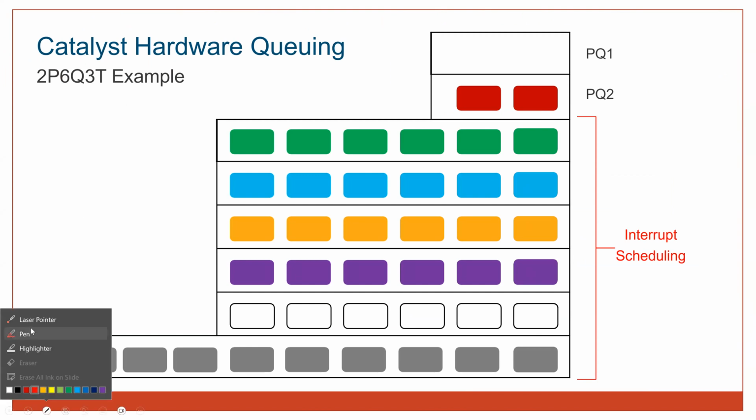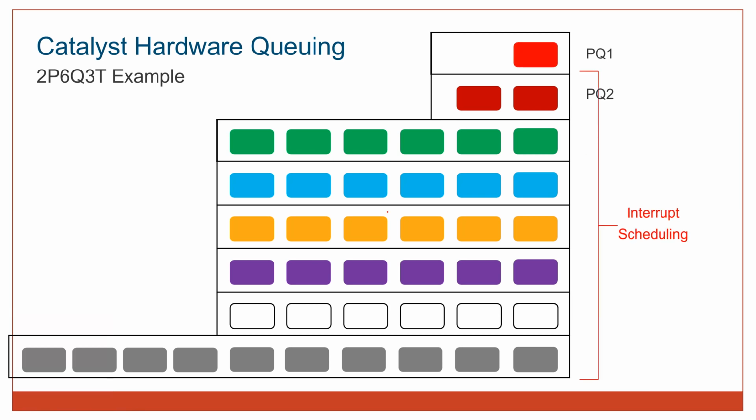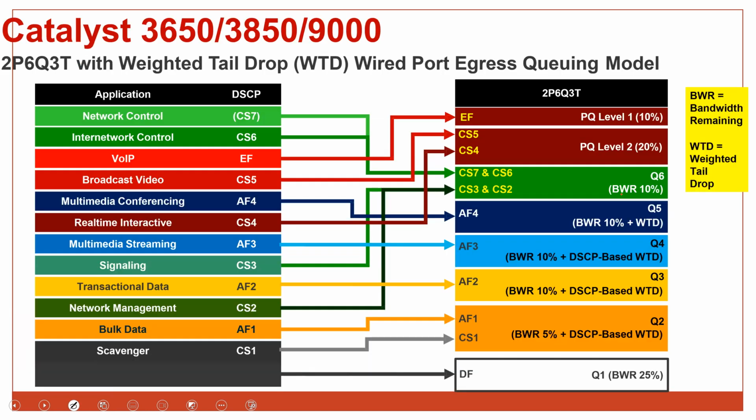Clearly you can see here that we have queues, and then you can see that we have the scheduling as well. So what does scheduling mean? I should show you this within the example as well.